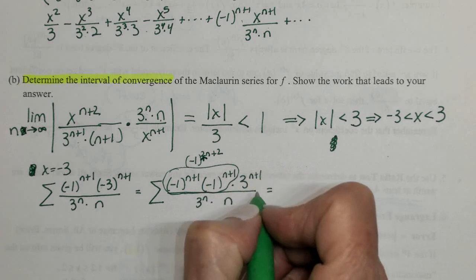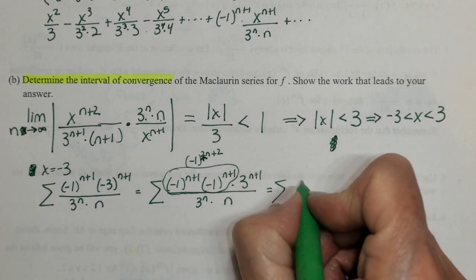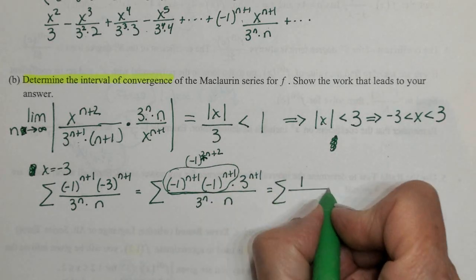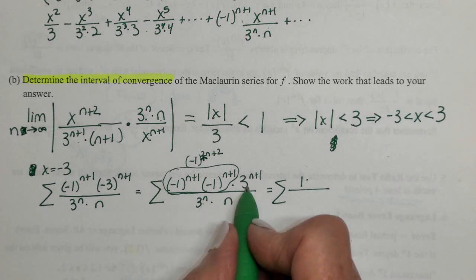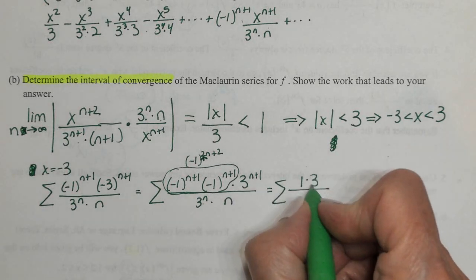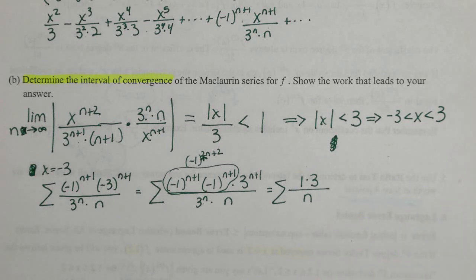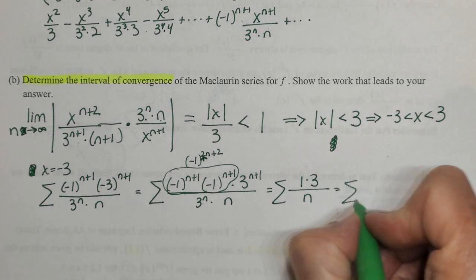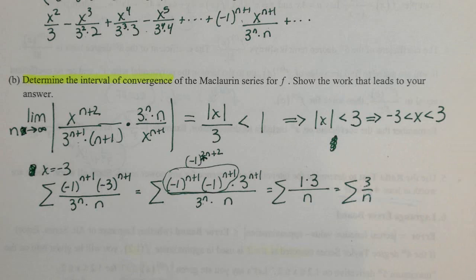So this is 1 times, okay, the 3 is reduced, leaving a 3 on top, over n. This is 3 over n.